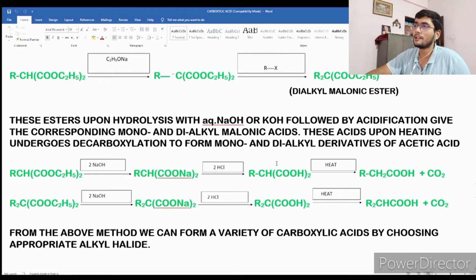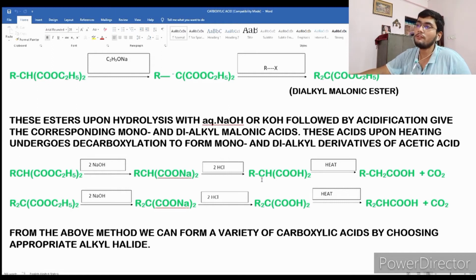So here what I get is a carboxylic acid, but the thing is, here there are two carboxylic acids attached to a single carbon atom. We want a monocarboxylic acid, not a dicarboxylic acid. So what we will do, we will heat it strongly. So when we heat it, one of the carboxylic acid gets converted into carbon dioxide, and this process is known as decarboxylation.